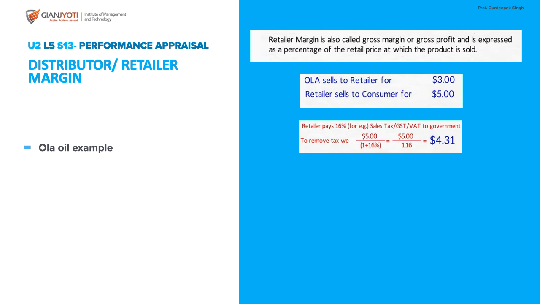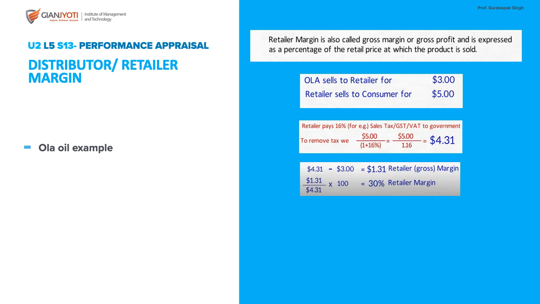Now if we want to take away this tax component, what we do is take the $5 for which the retailer is selling to the consumer divided by 1 plus 16%, which is the tax. So this gives me a figure of 4.31. Now, in order to calculate the gross margin, 4.31 is the price after tax, minus, let us say, the cost to the retailer, which is $3.